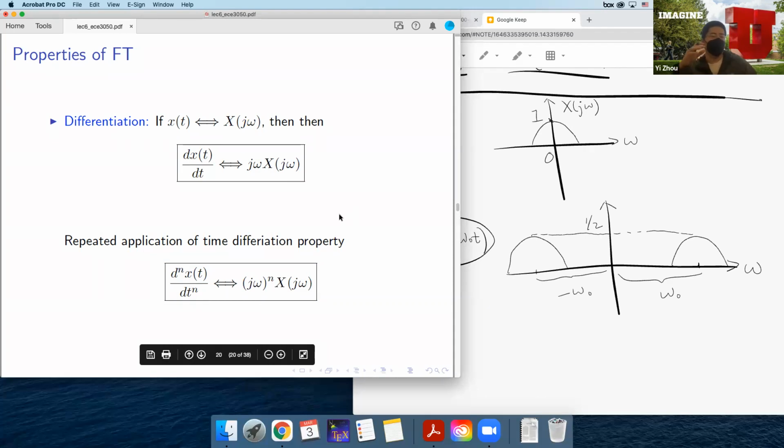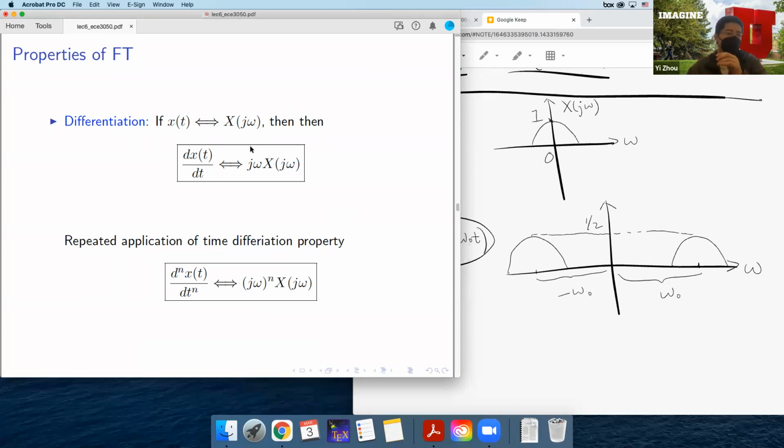So you can see that higher order differentiation in the spectrum domain leads to very simple numerical operations. We know that in general, if your signal is complex, taking higher order derivatives is very complicated in the time domain. But if we look at this in the frequency domain, then it is very simple.